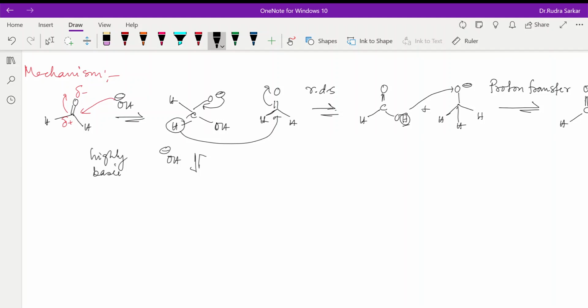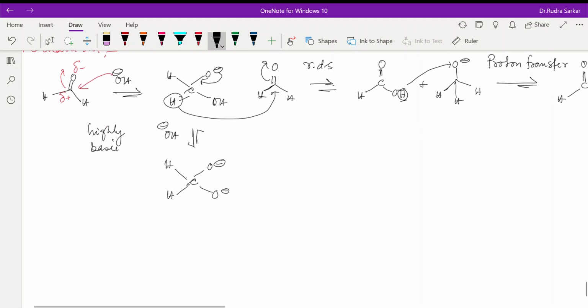Now when the medium is highly basic, then another proton from the OH can be extracted and leads to the formation of this type of a dinegative ion.